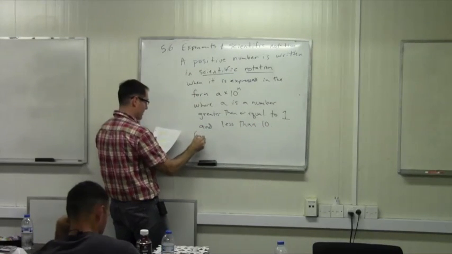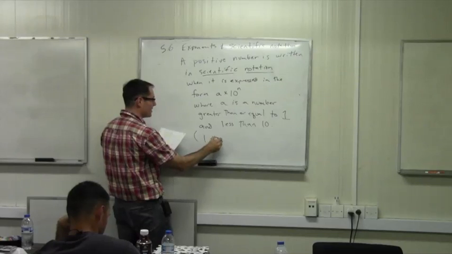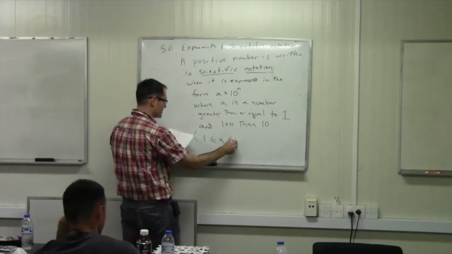We write that this way, by the way. We say 1 is less than or equal to a, which is less than 10.